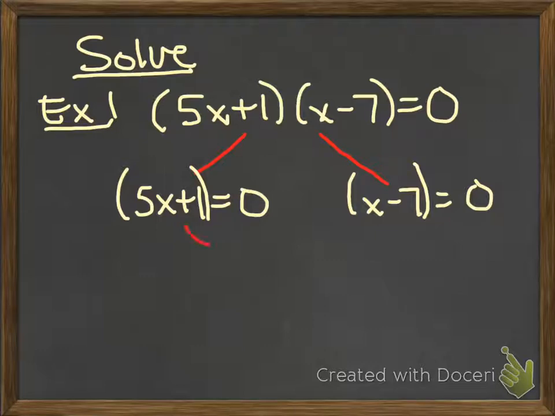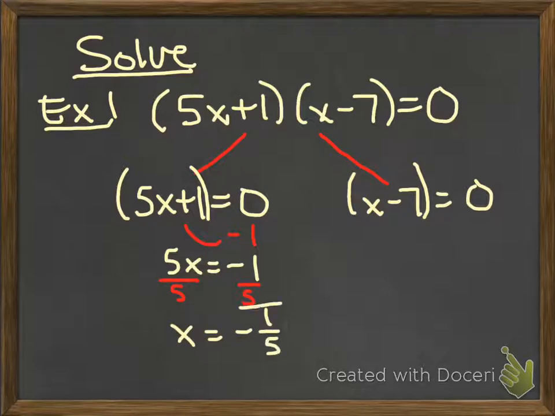Okay, here we take away 1, you get 5x equals negative 1, divide by 5, and the answer is x equals negative 1/5. That's our first answer.